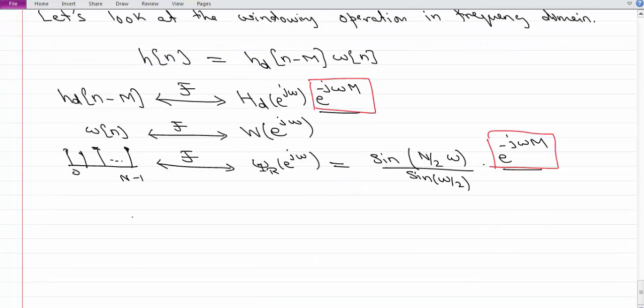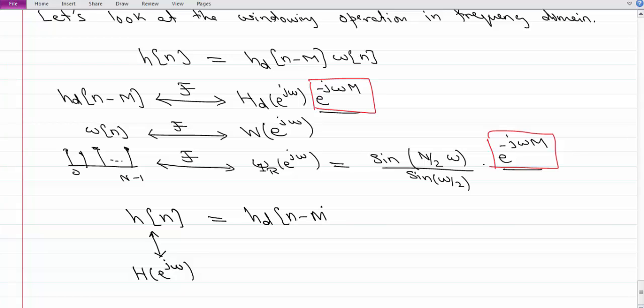We are asking, when we limit our infinite length filter to a finite length, what is the effect in the frequency domain? Now, our new frequency response is H(e^{j omega}). In the time domain, we are multiplying two functions, right?